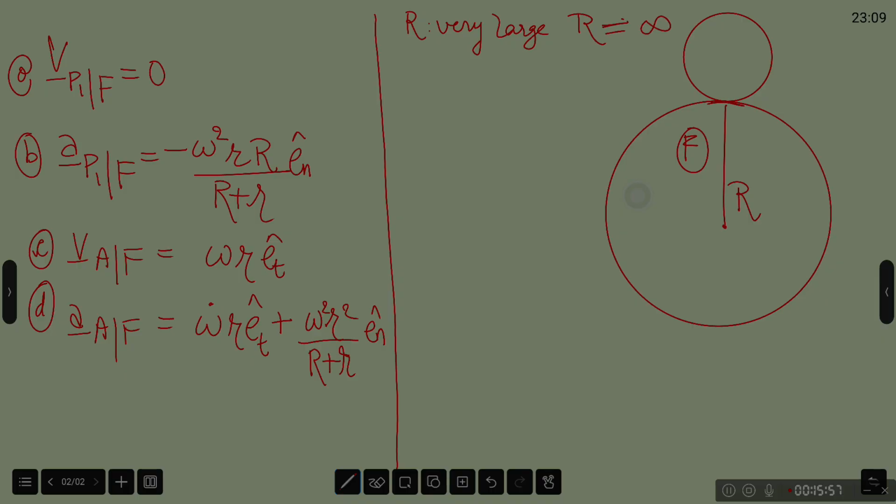Now mind you, when R is equal to infinity, it implies that F has a flat surface. Then M is rolling without slipping on a flat surface.